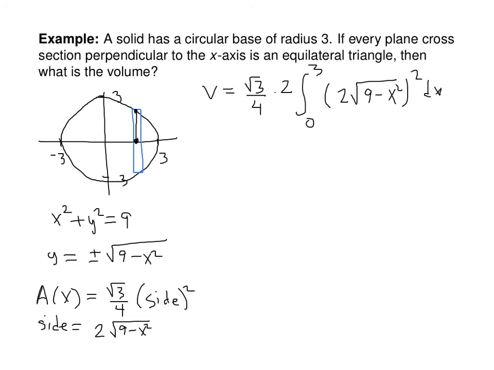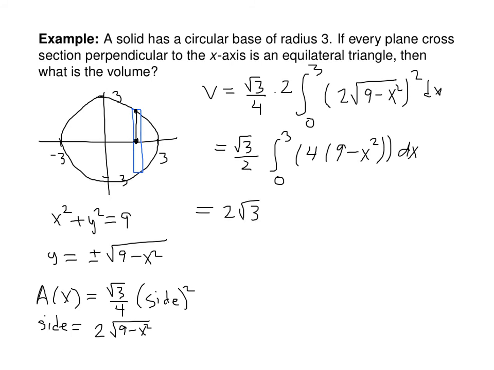We continue simplifying and we end up with root 3 over 2 times the integral from 0 to 3 of 4 times the quantity 9 minus x squared dx. Multiplying that 4 by root 3 over 2, we get 2 root 3.